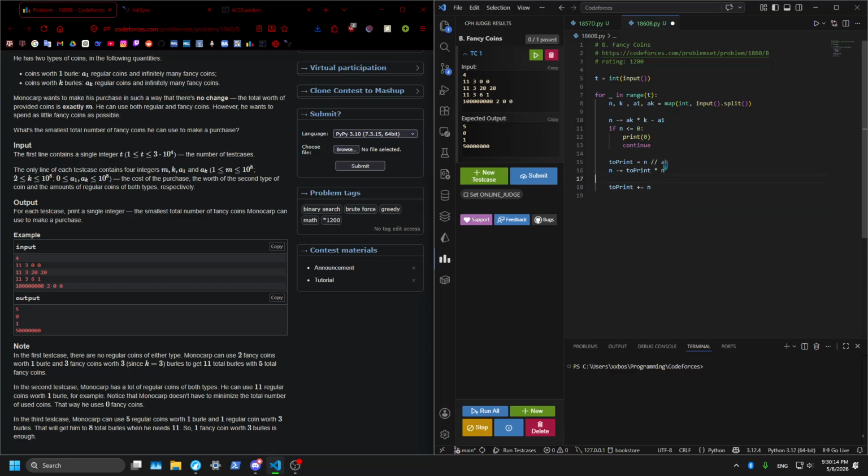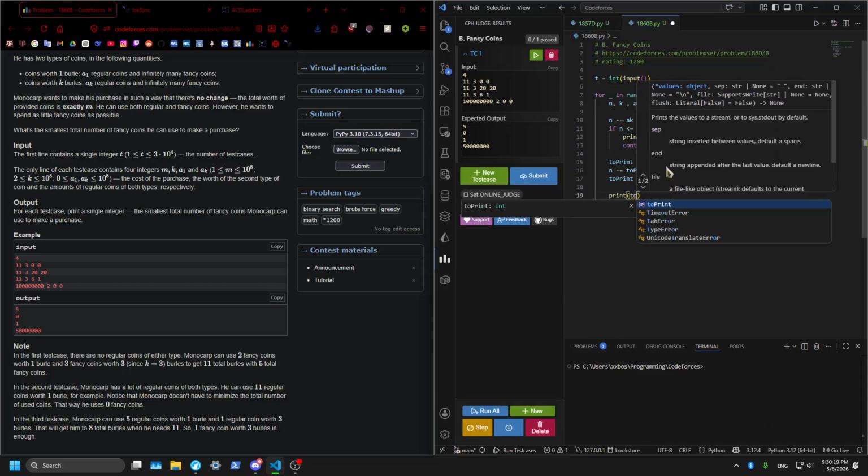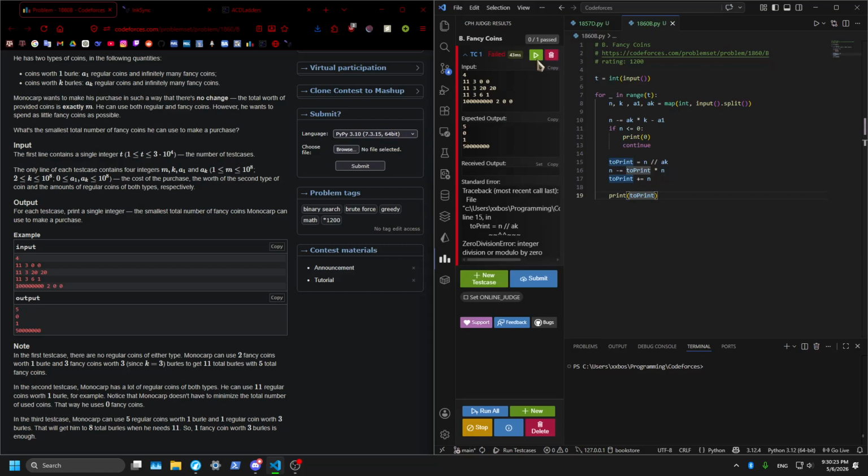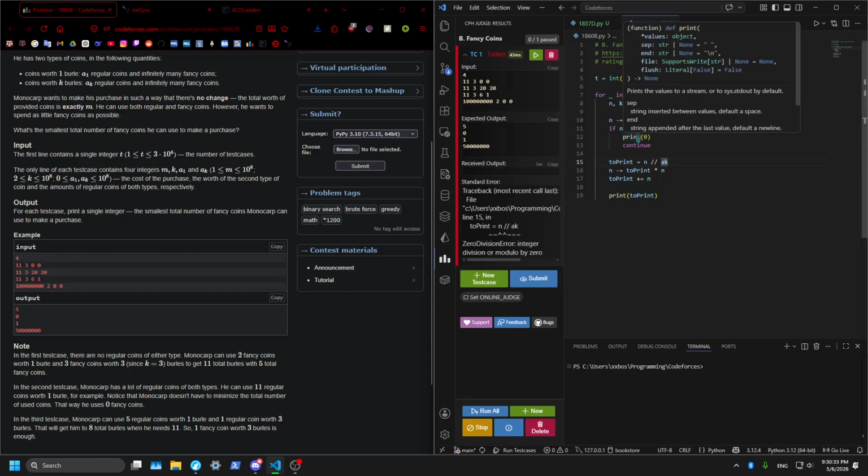Is my logic here correct? It seems like this is just the answer. Like, what am I binary searching? Oh, division by 0. AK can be 0? I guess it can.